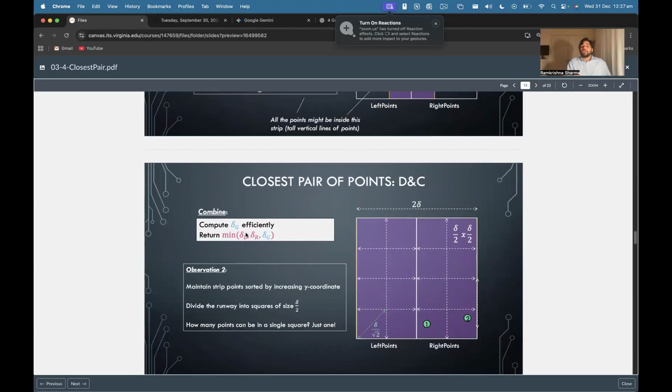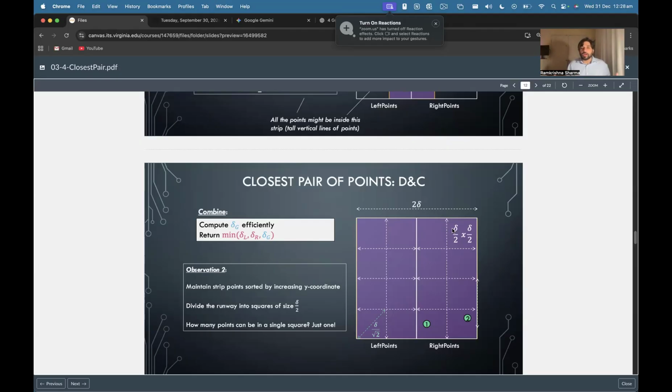And then we said, well, why don't we amplify this runway strip and create a bunch of boxes of delta over 2 times delta over 2. If you were to do that, this forces each box to have at most 1 point. Because if you had 2 points within one, it would imply that you have 2 points with a minimum distance less than delta.